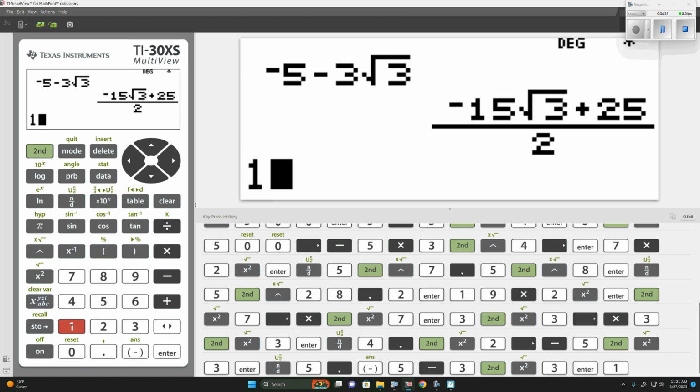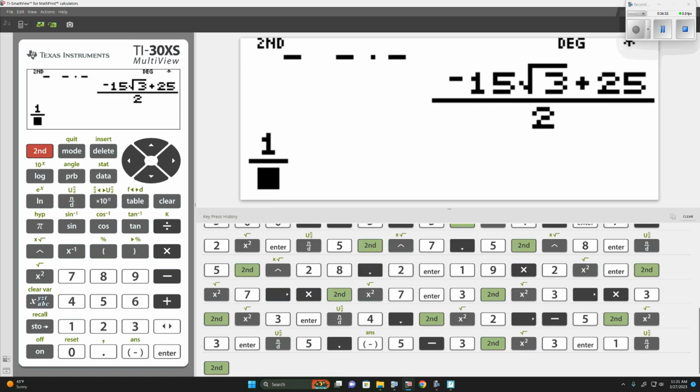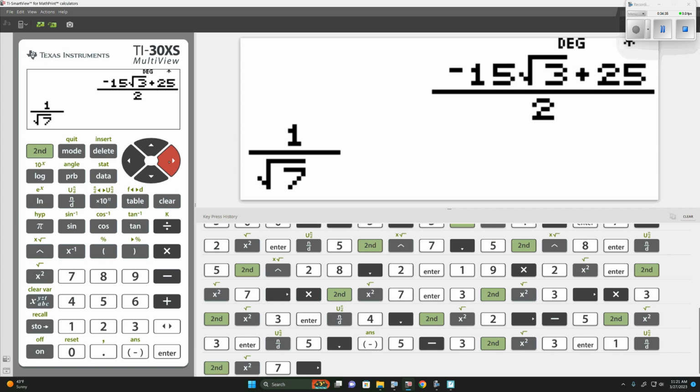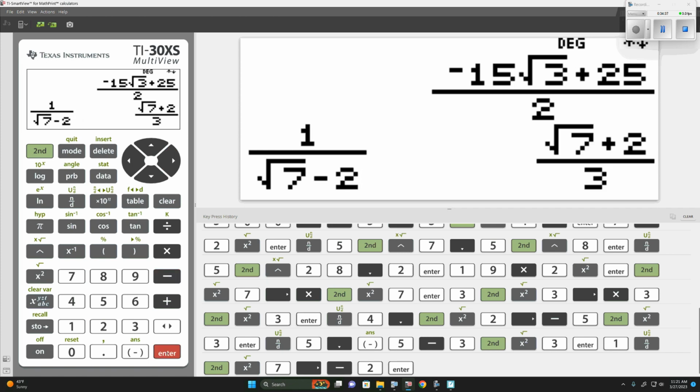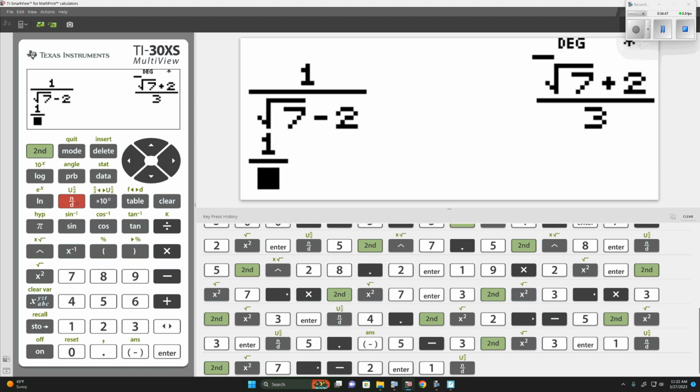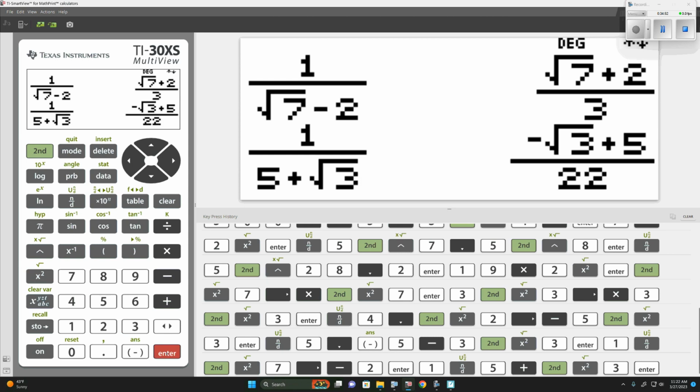Or the one we did before that. 7 minus 2 was 2 plus the square root of 7 over 3. Or 5 minus the square root of 3 over 22.